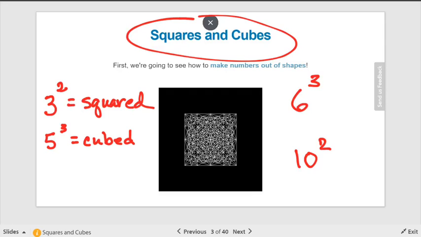Okay, guys? All right. Now, so square means power of what? 2. Cube means power of what? 3. And those come to us from geometry, from using geometric formulas. And I know you've used geometric formulas before. So, for example, area equals length times width. That's the formula for area of a rectangle, right?